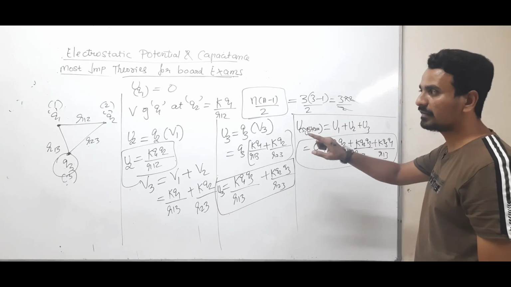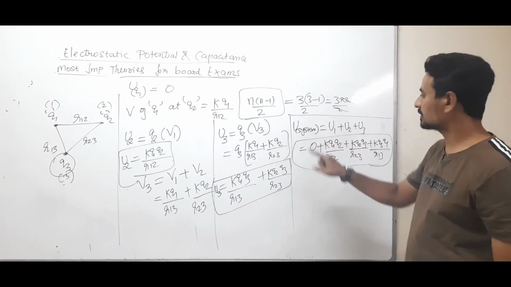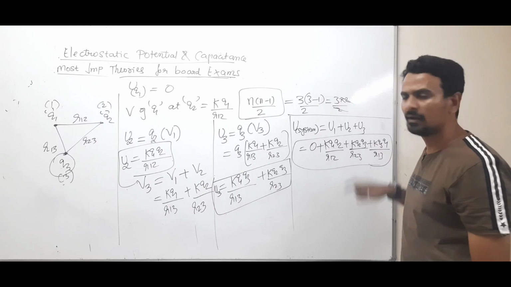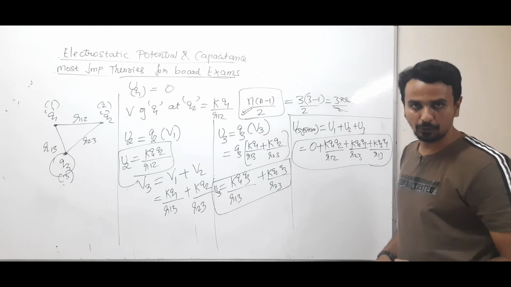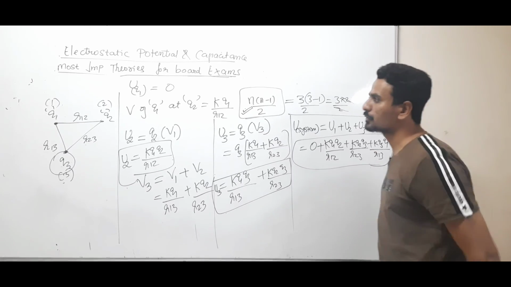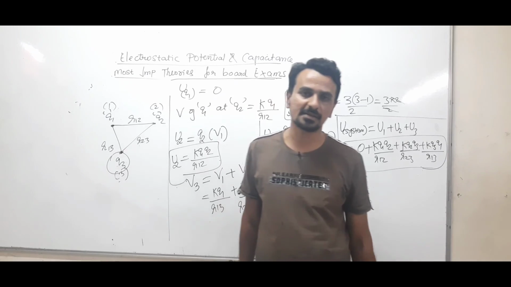If there are 4 charges, it is 4 into 3 by 2, so it will have 6 pairs: 1, 2, 3, 4, 5, 6. Clear? So this is just the formula to calculate the pairs of energy formed. This is the total potential energy stored inside the charges.